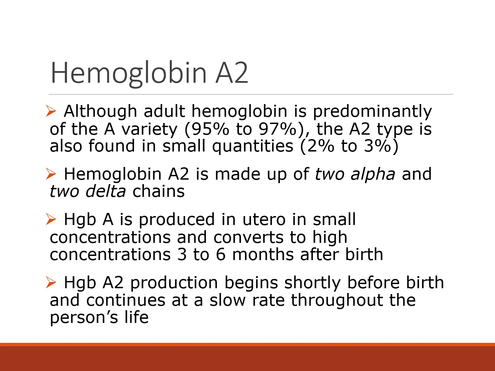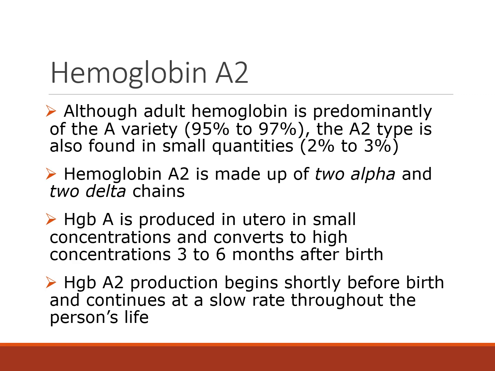Now, hemoglobin A, which is our most predominant hemoglobin, is produced in utero in very small concentrations. So embryonically and in fetal development, you do see some hemoglobin A, but typically hemoglobin F is the predominant hemoglobin that you would see in babies, and then it converts to a high concentration of hemoglobin A 3 to 6 months after birth.